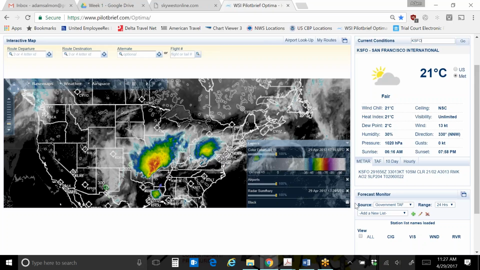What's that? Northeast. Yeah. So the first three there are basically telling you what direction it's coming from. This goes in increments of 10. So if you see 33, that means 330.